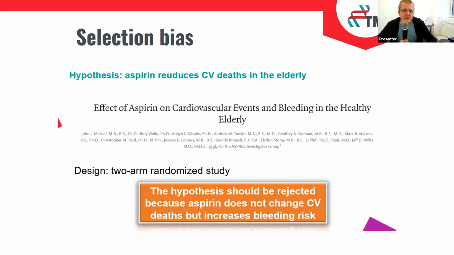The hypothesis about the beneficial effect of aspirin should still have been rejected, but instead of harm with aspirin, if you take the efficacy side only, here we have only a neutral association in the randomized setting. So what can we see here? The effects of bias in the observational study.